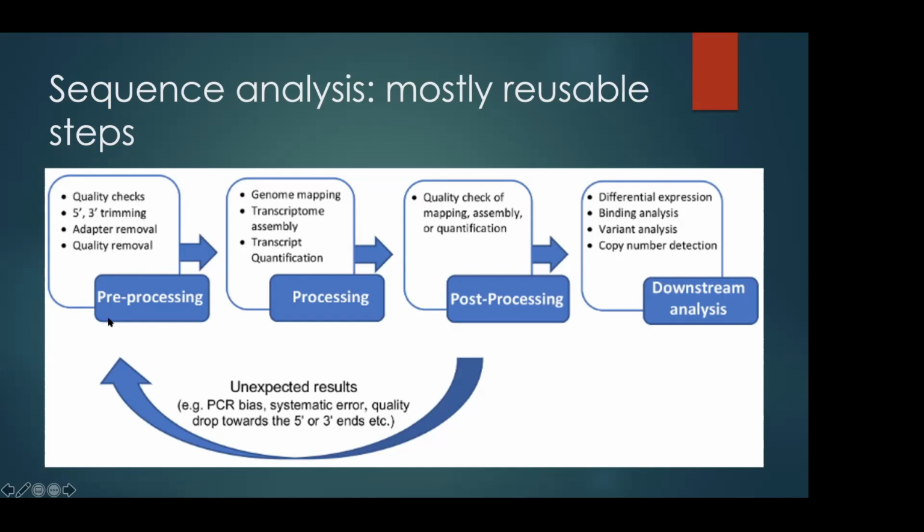Okay. So when we are preparing our pipelines, we realize that most of those steps in the pre-processing step or processing step are similar in many different pipelines. And when we realize that this is the case, we can reuse all the steps in other pipelines.